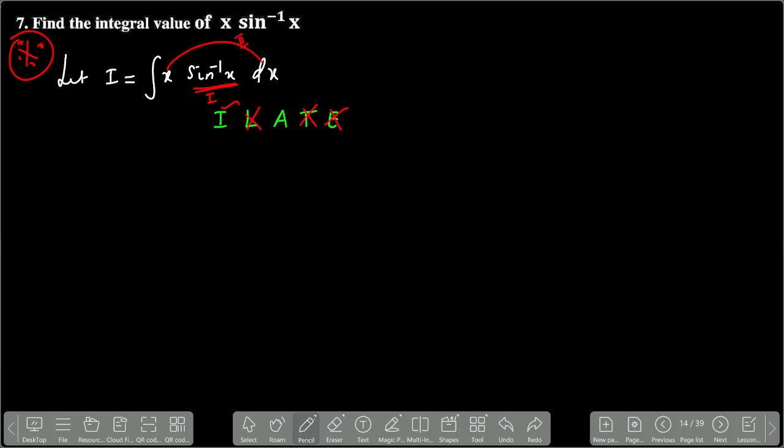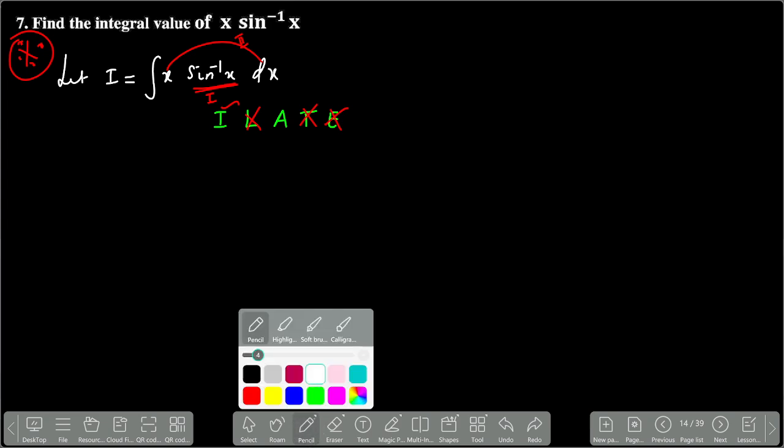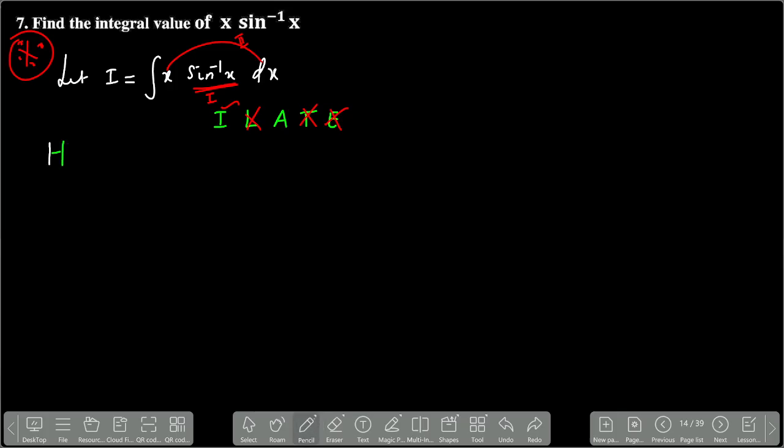Now take u equal to sine inverse of x. What is du by dx? 1 by square root of 1 minus x square, or du equal to 1 by square root of 1 minus x square into dx.